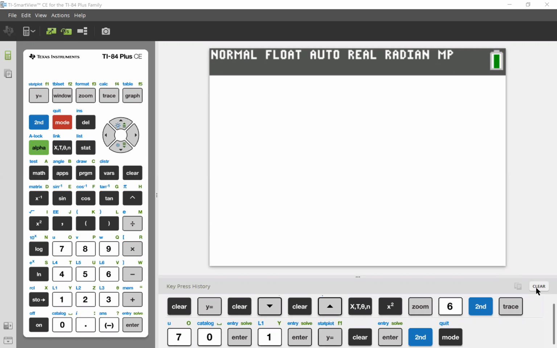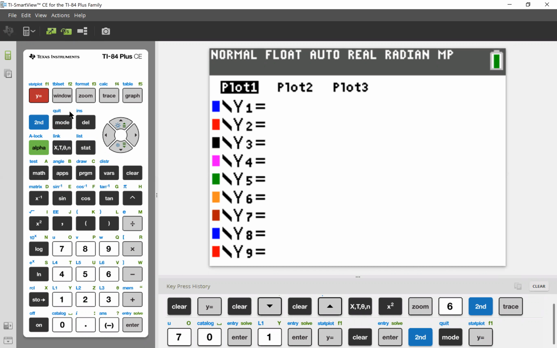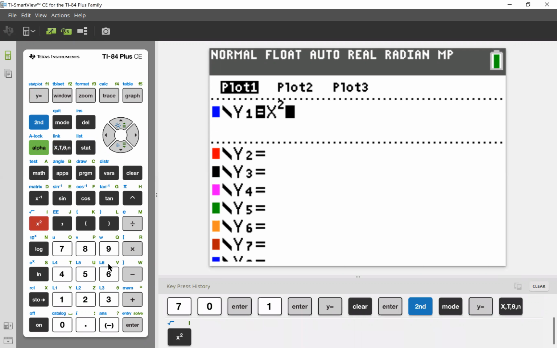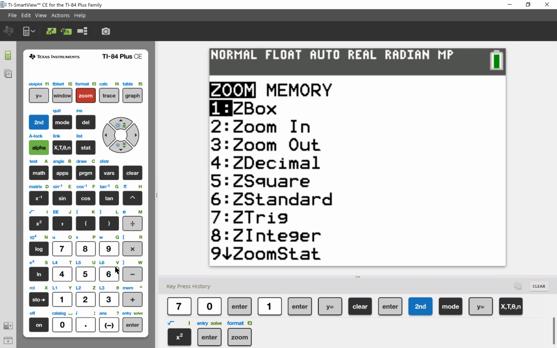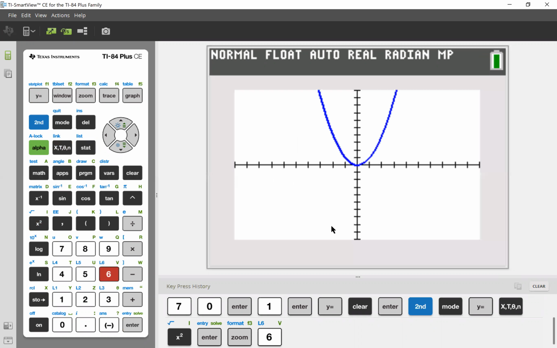What we want to do is click on y equals, and input a function which is x squared. Right? And then now we are going to graph it. Usually I like to use Zoom and then number 6, the standard. Standard meaning from -10 to 10, and the y minimum is -10 and y maximum is 10.